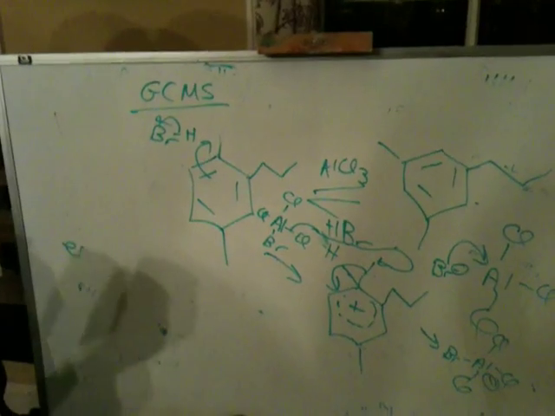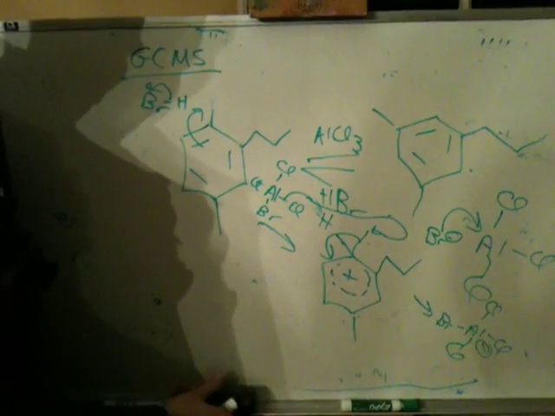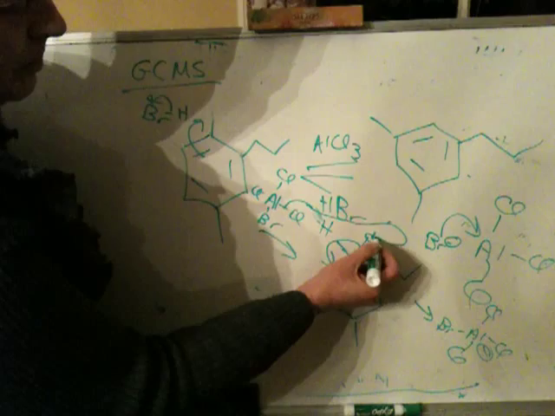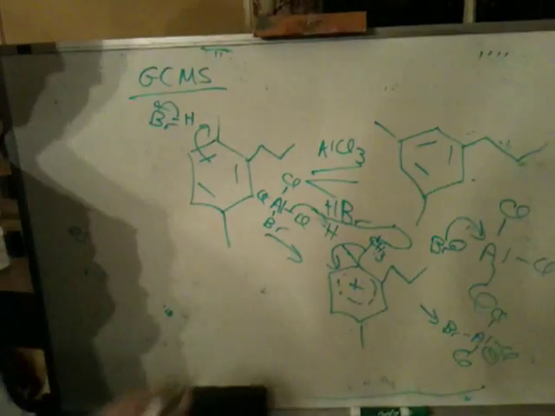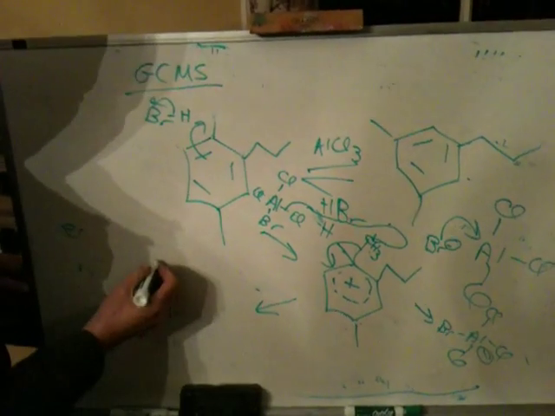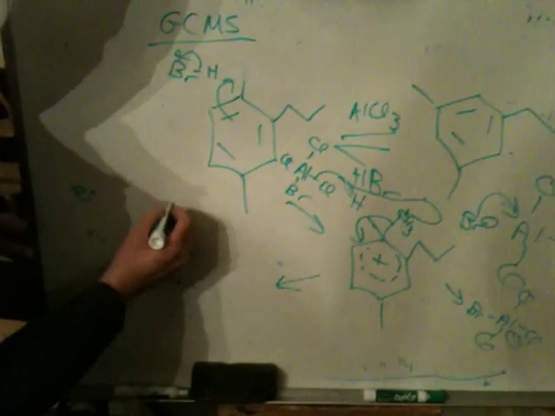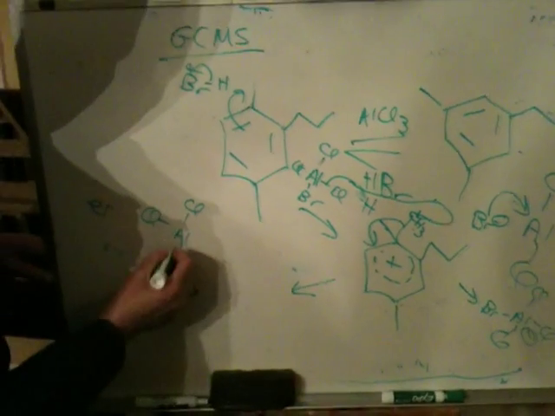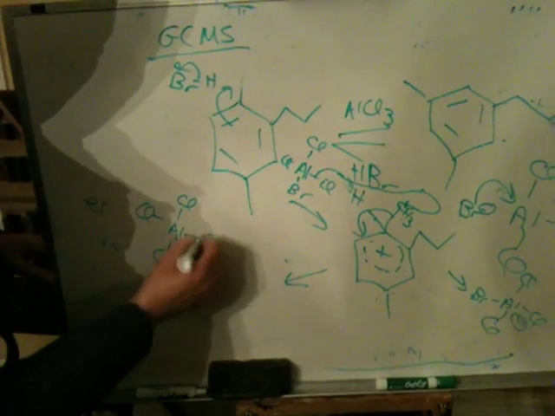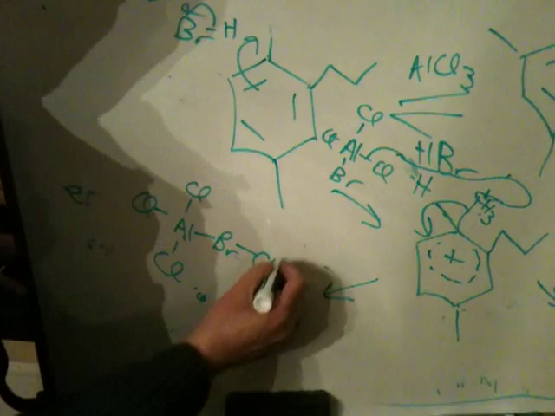And that's actually the reverse step to putting a carbon group on. Okay, and then you would get this. You'd have Al, Cl, Cl, Cl, with the methyl hooked onto it.